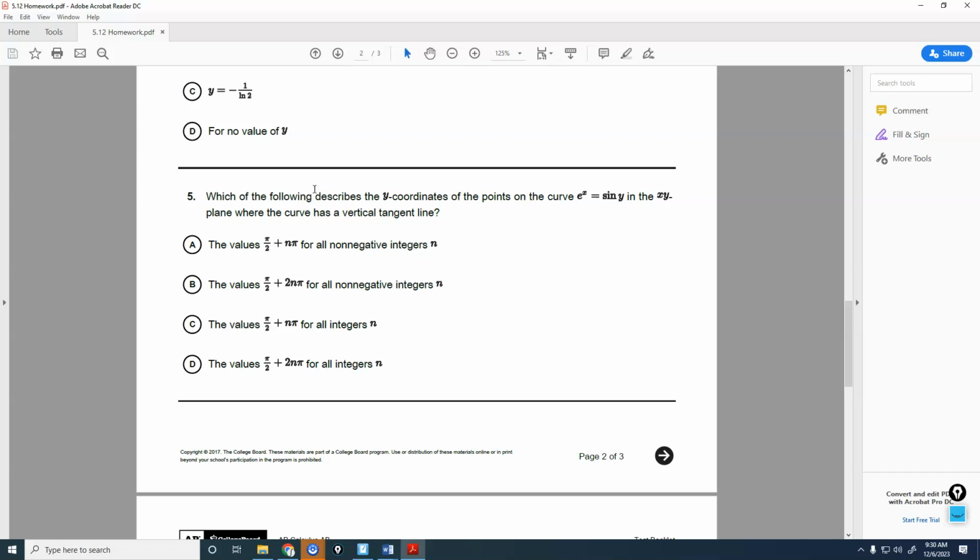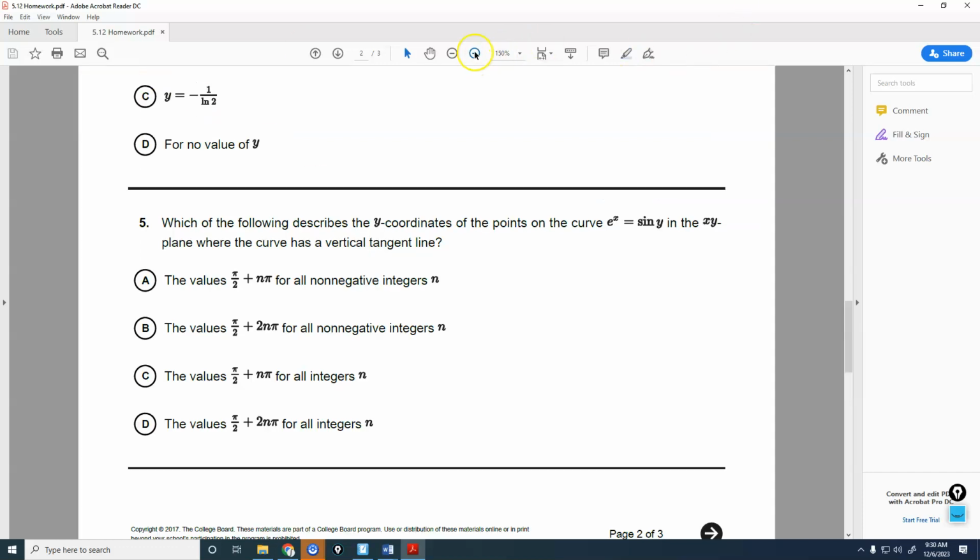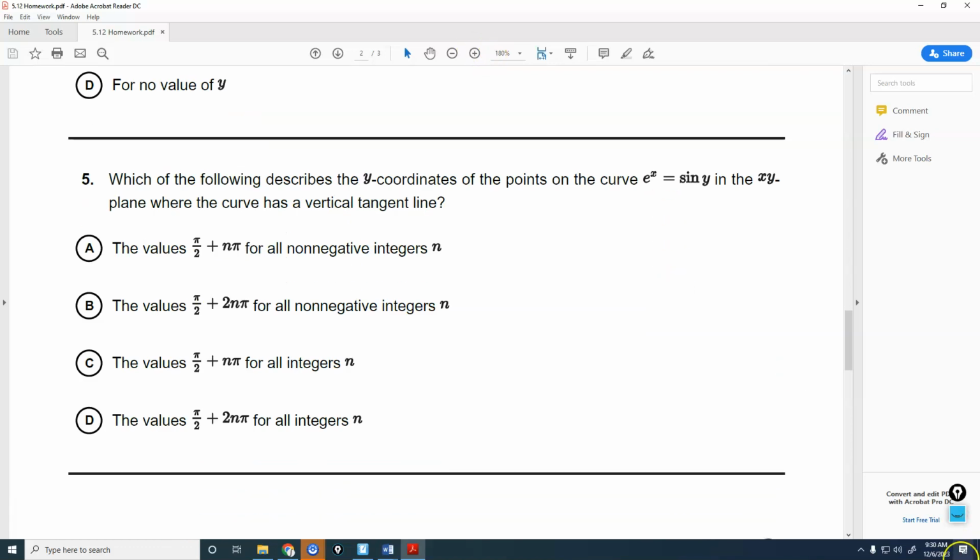I might be a little shaky on this one, and I need to make sure I'm doing it right. Anytime you put plus n pi or 2n pi there, it starts to be a little scary. Is n just a variable? n is an integer in that case, because it tells you that it's a non-negative integer.